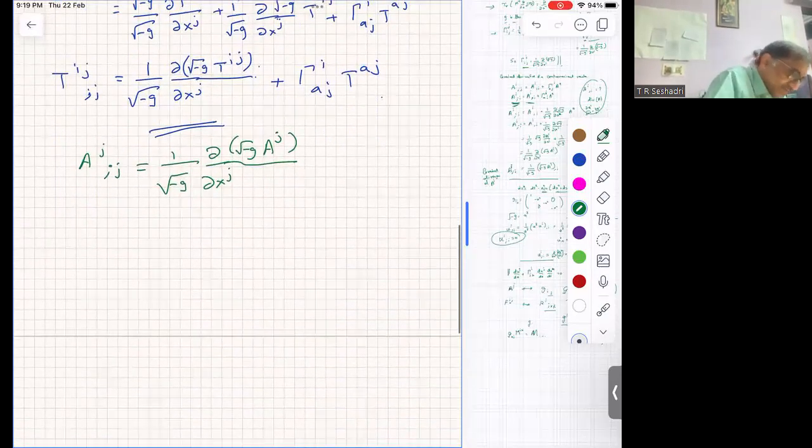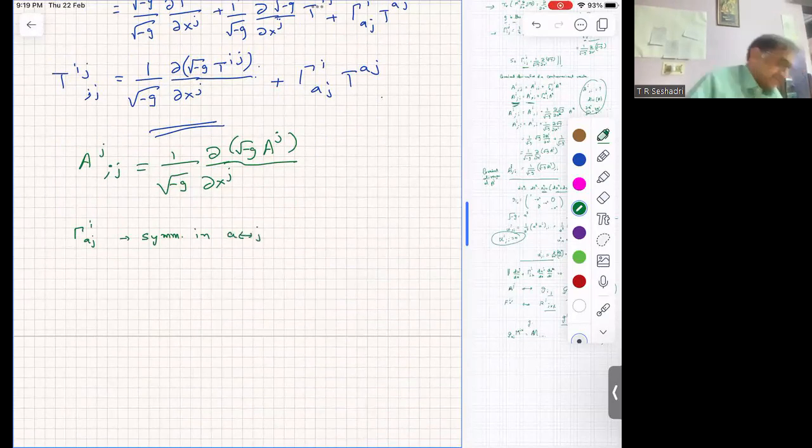We know that gamma IAJ is symmetric in AJ interchange.